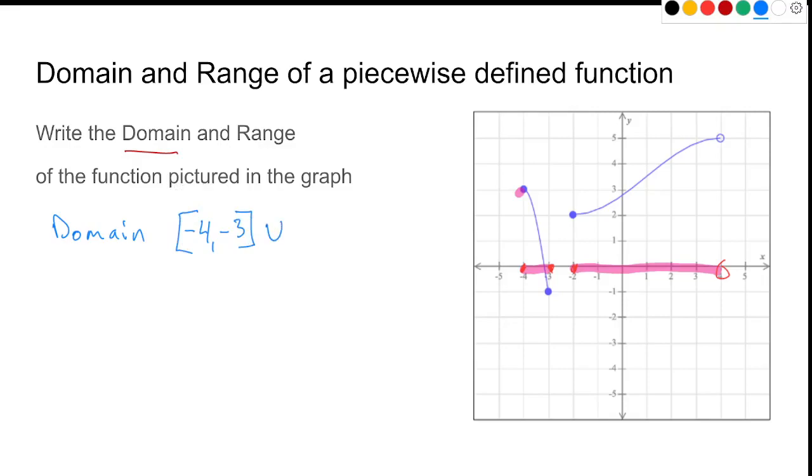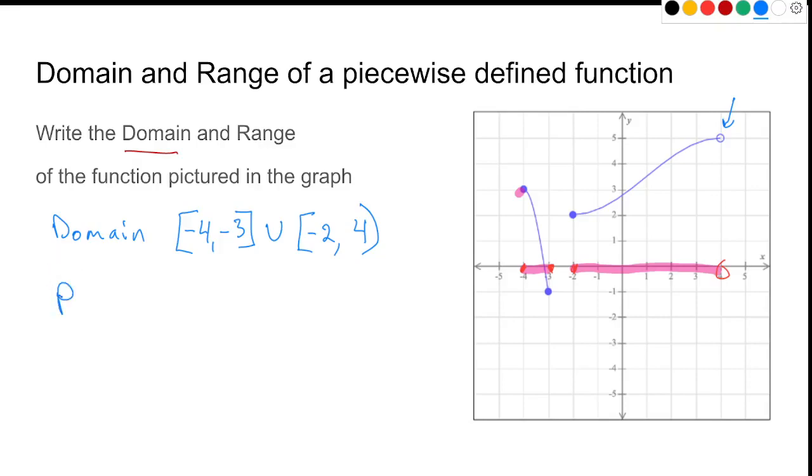There is a break from negative 3 to negative 2. From negative 2, we go all the way to 4, but we don't include 4 because of the open circle there. Okay, so that's domain from a graph for piecewise function.